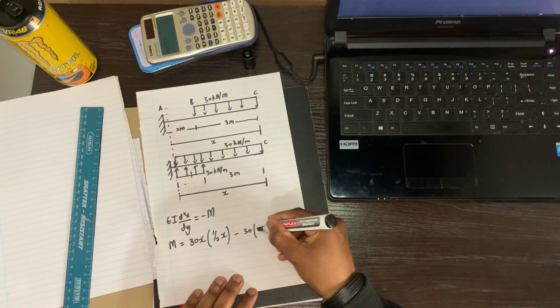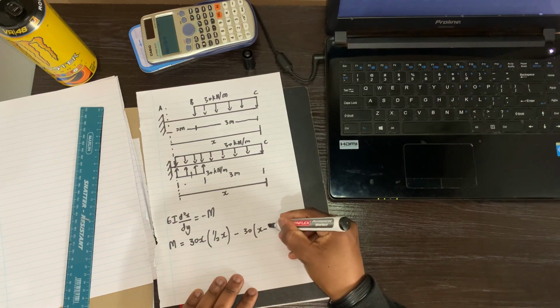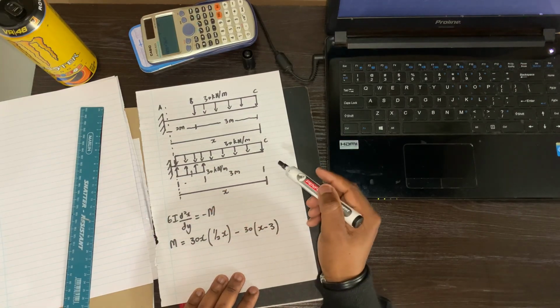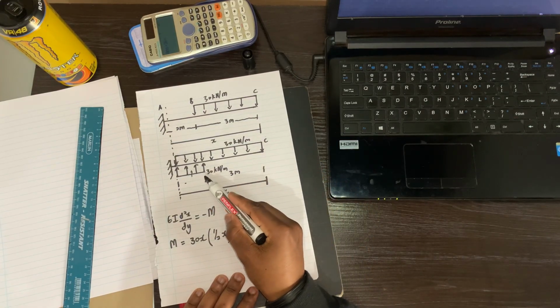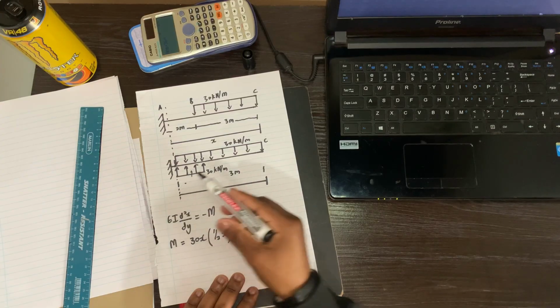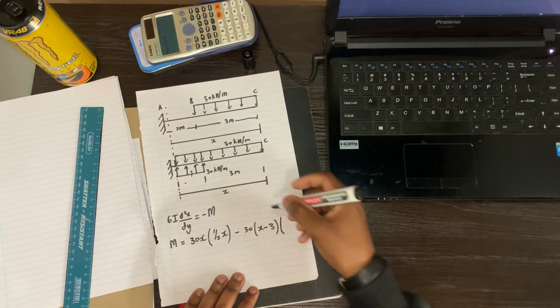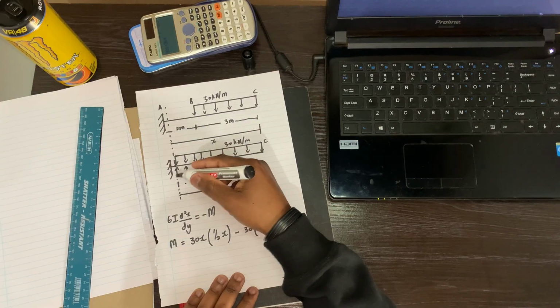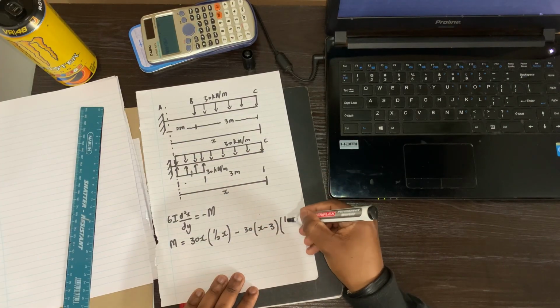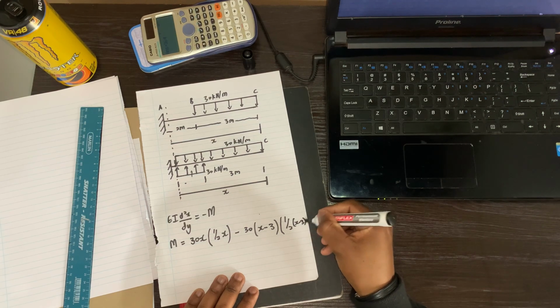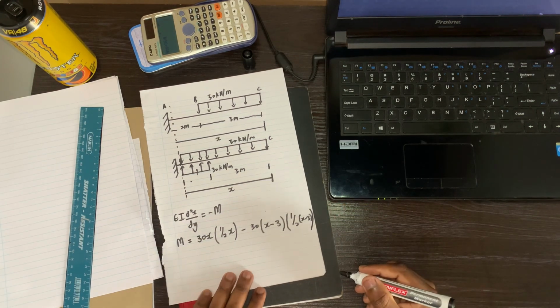So 30 multiplied by x minus 3. X minus 3 is the distance from here to here, right? So this is still a point load, and then let's multiply by the distance from here to the end, which is half of x minus 3. So it's going to be like this, right?